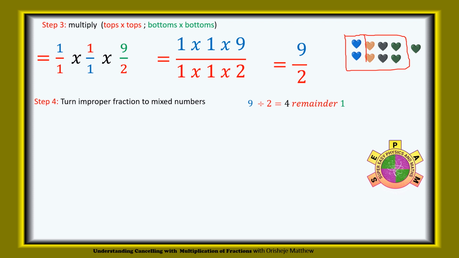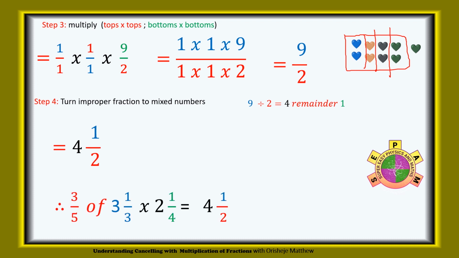Group 1, group 2, group 3, group 4. That gives me 8. After that, you are left with 1. So the remainder goes over what you are using to divide. That gives me 4 1/2. So that is the answer to this question.